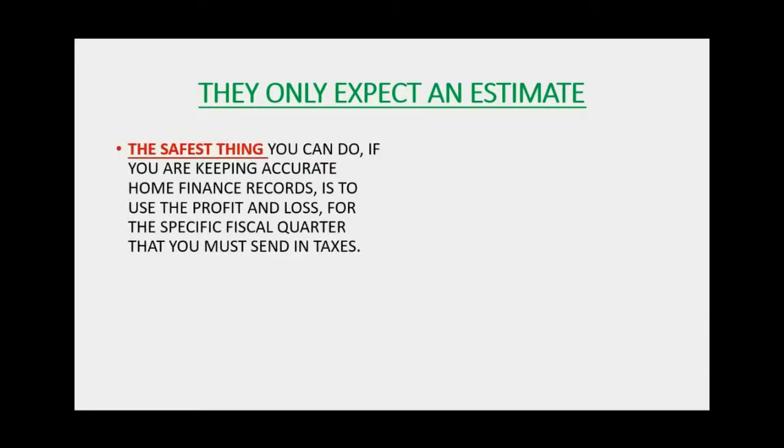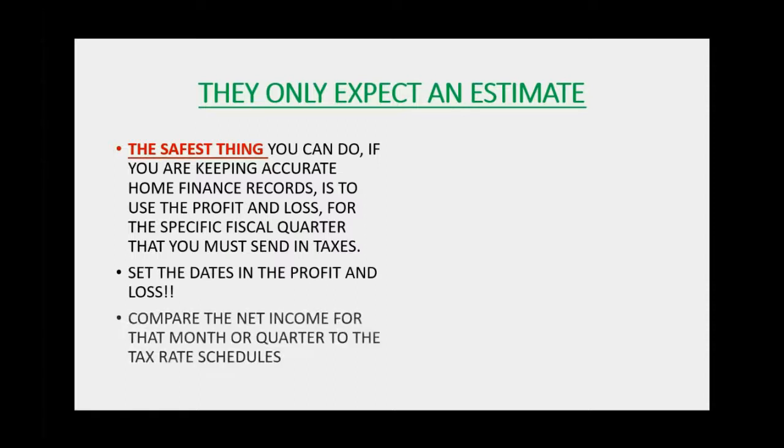The safest thing you can do if you are keeping accurate home finance bookkeeping records is to use the profit and loss for the specific fiscal quarter that you must send in the taxes. Set the dates in the profit and loss the same way that we learned in the previous video.